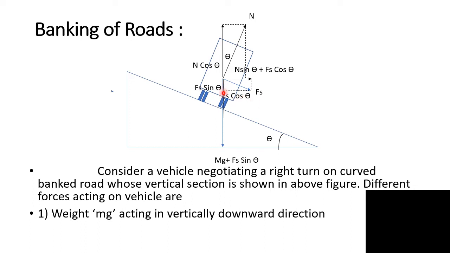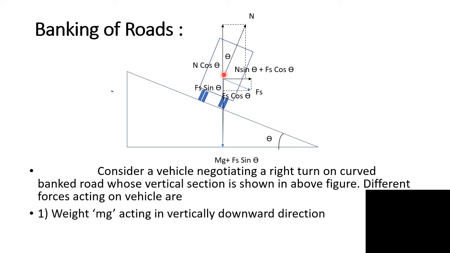First, weight mg acting through CG in vertically downward direction. Second, normal reaction N acting perpendicular to the road surface. This normal reaction is resolved into two components. Vertical component is N cos theta because this angle is theta.